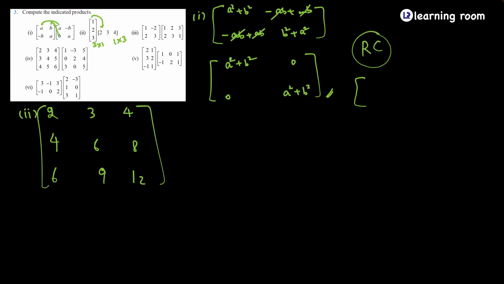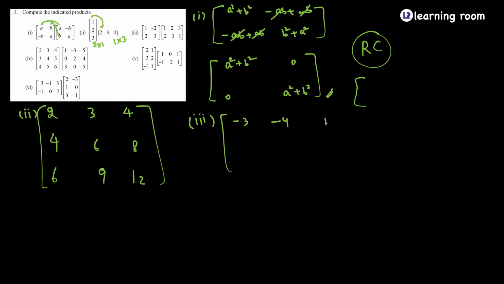Okay. So we got a 3 cross 3 matrix. So what about the third one? Can you tell me the answer? First of all, is it feasible? 2 columns, 2 rows. Yeah. So 1 minus 4 minus 3, 2 minus 6 minus 4, 3 minus 2, 1.